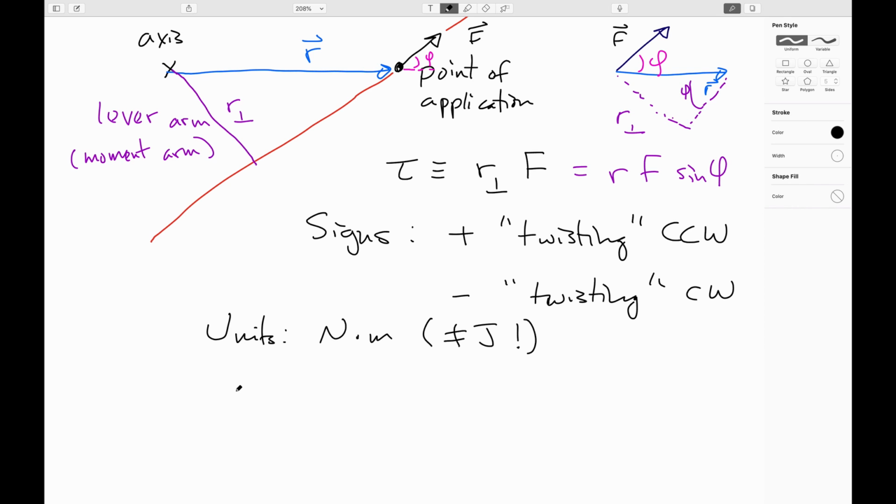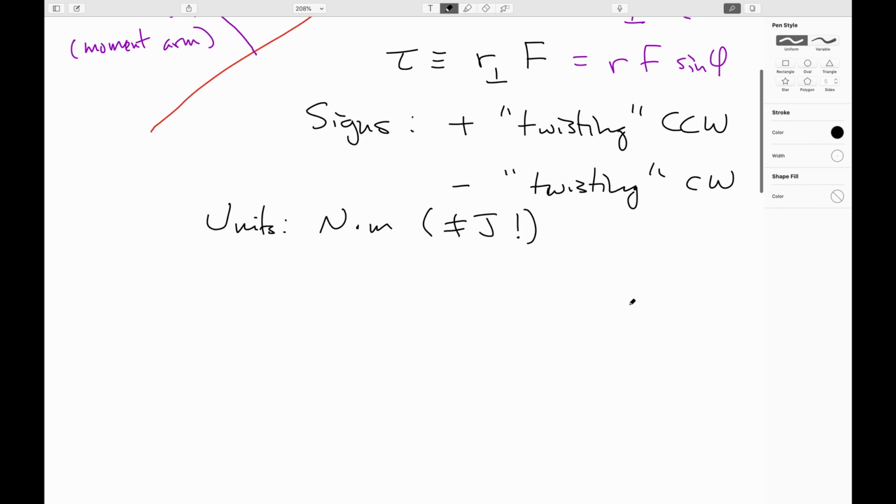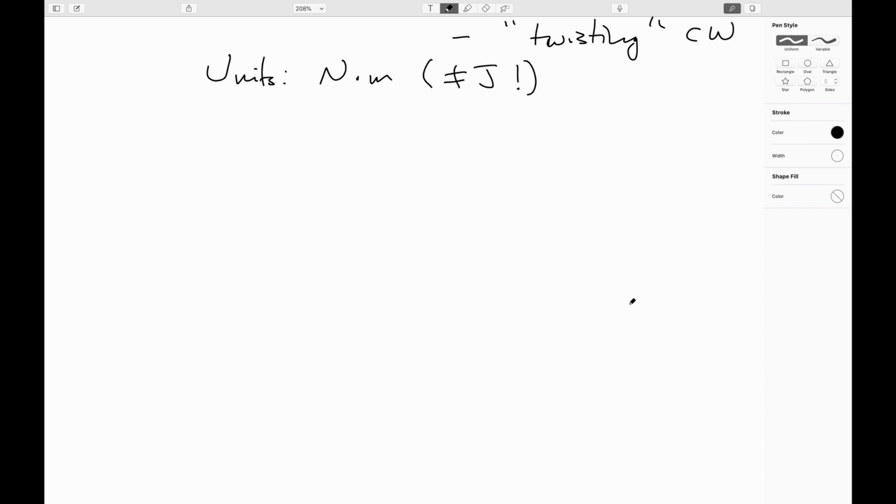Now, another way that we could write torque is we could say, well, wait, I don't have to multiply r by sine phi. I could have just as easily multiplied that by f, right? Because multiplication commutes. So how could we interpret that? Probably easiest to think about if you're turning a wrench trying to break a bolt or something like that. So let me try to draw a bolt.